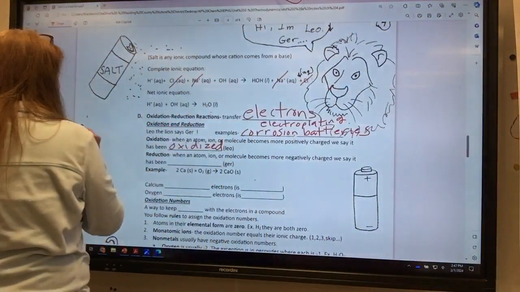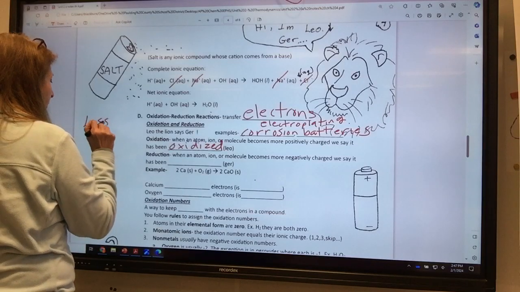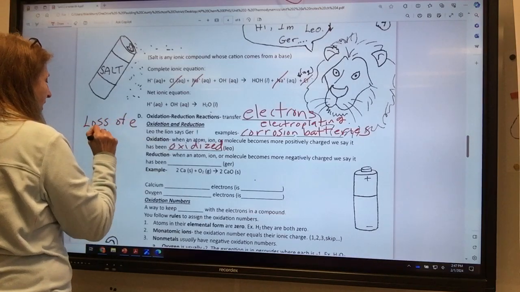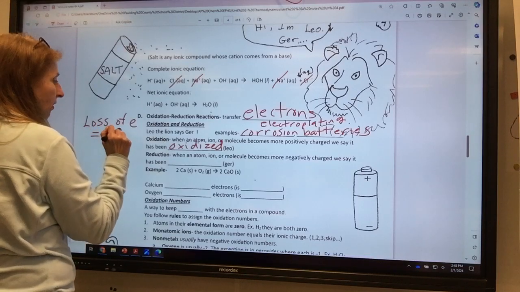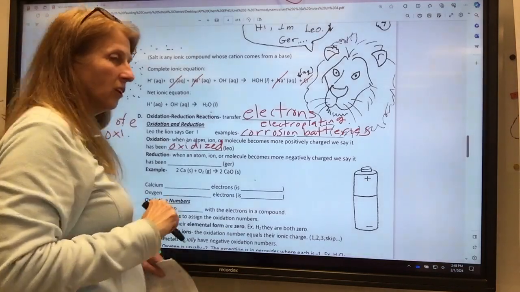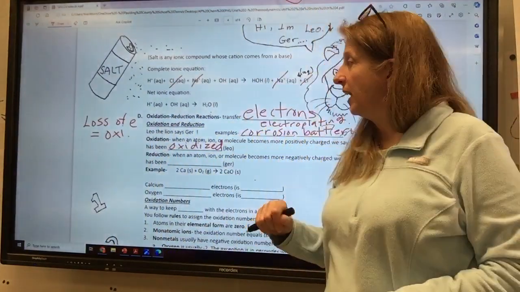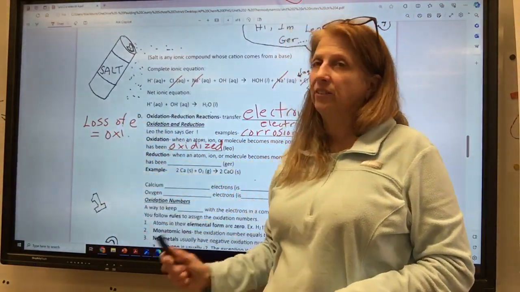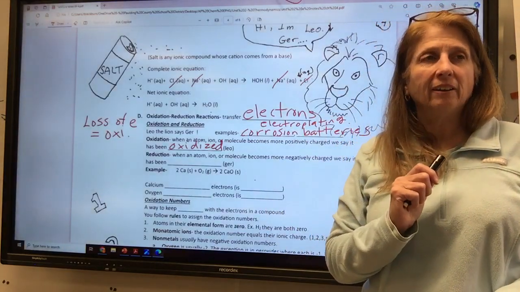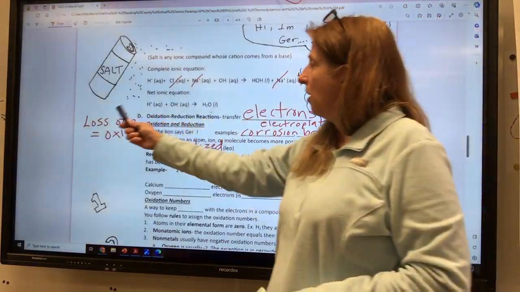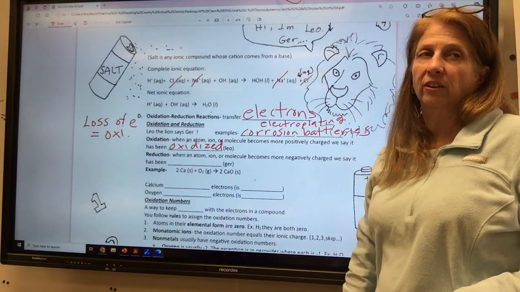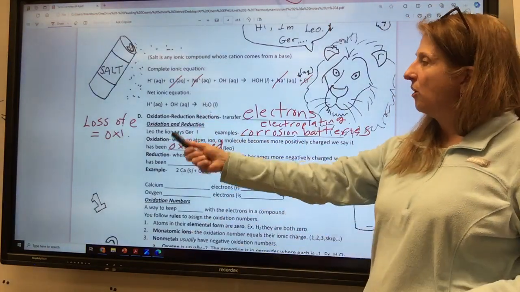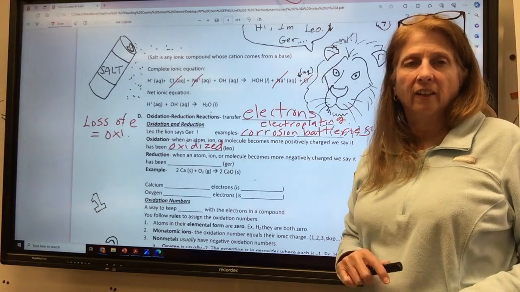So the loss of electrons is oxidation, Leo. Got it? If things are becoming more positive, they're losing electrons. The loss of electrons is oxidation.